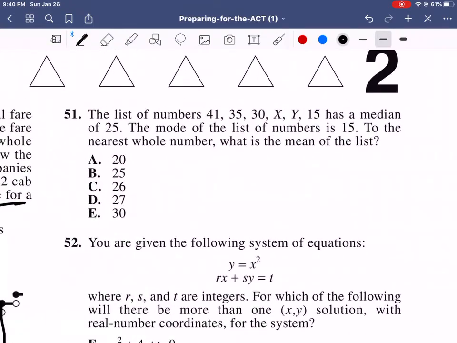I don't like that. The list of numbers 41, 35, 30, x, y, and 15 has a median of 25. The mode of the list is 15. Mode means it occurs more than once. To the nearest whole number, what is the mean of the list? So find the median first.